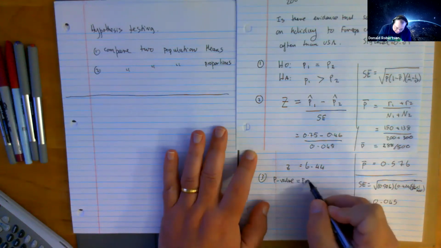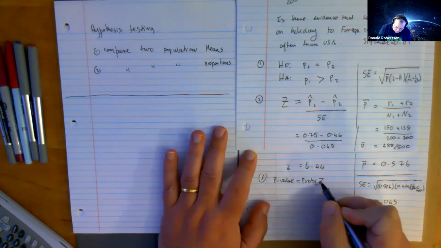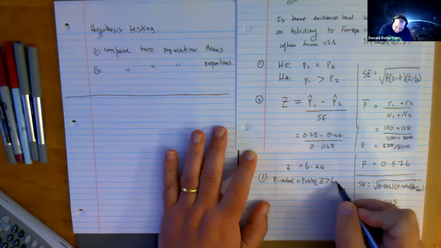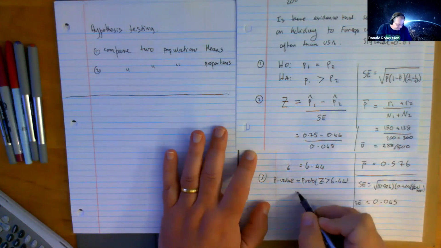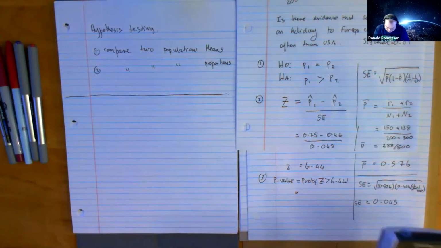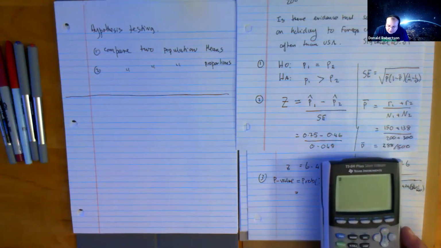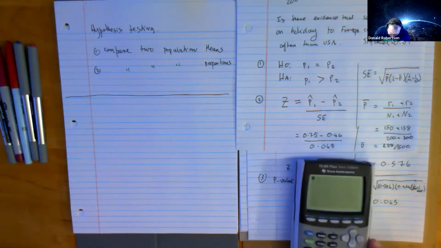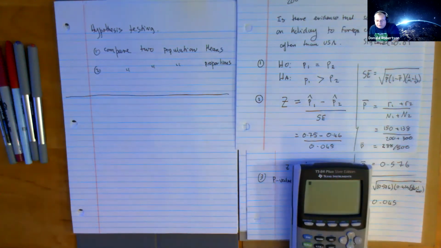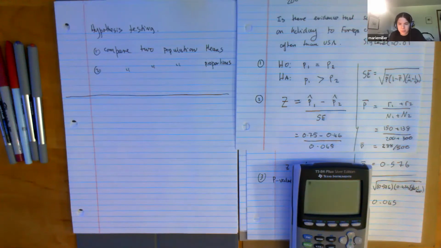Well, it's the probability that you get a z-score bigger than 6.44. If you want to get a z-score bigger than 6.44, whereabouts in the calculator is that? Distribution, normal, CDF. Right.